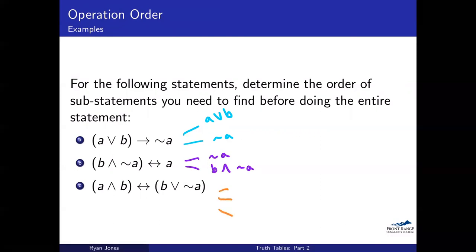I need a not A. Once I have that, I can do a B or not A. And then I also need an A and B. So there are sections of this that I need before I can carry out the entire full long statement.